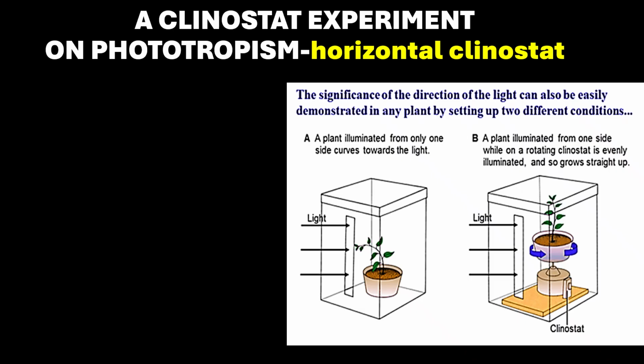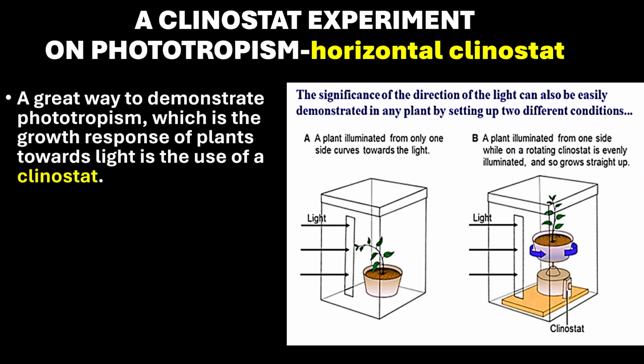So you won't have one side facing the light. All the sides are receiving light. So guess what? The plant grew vertically upwards, even though the light was coming from one direction. But here, because the plant was not rotating but was stationary, it did bend towards light.